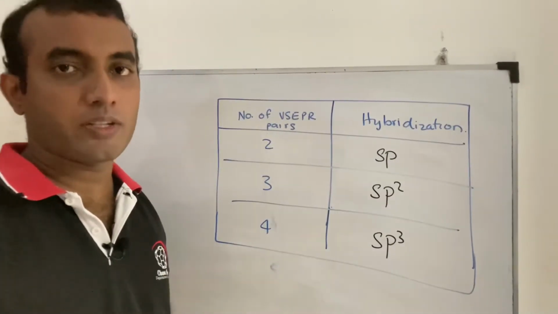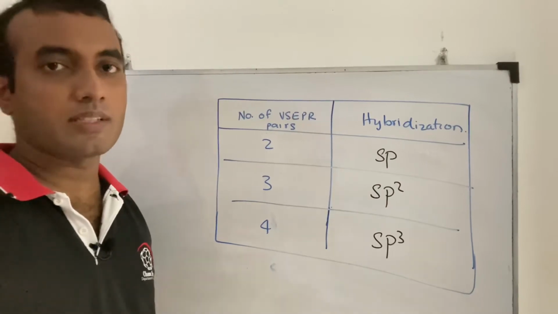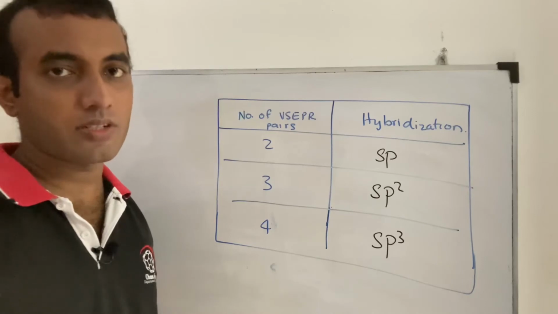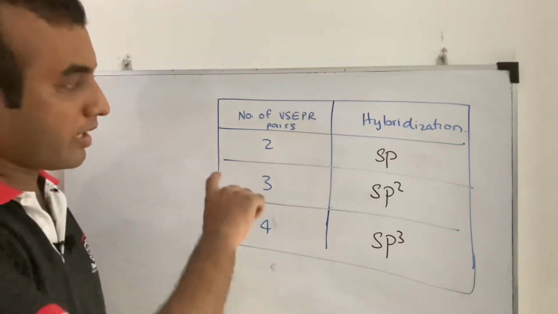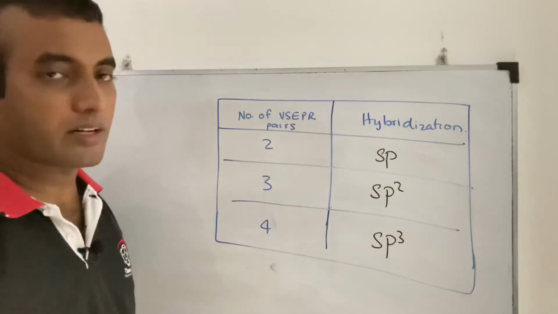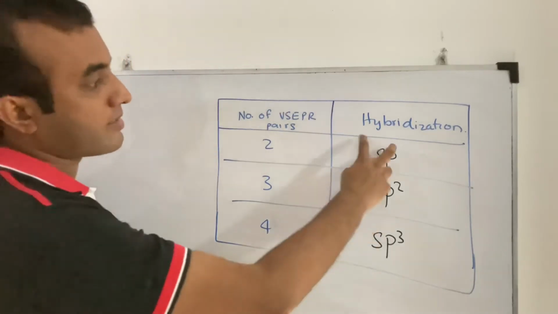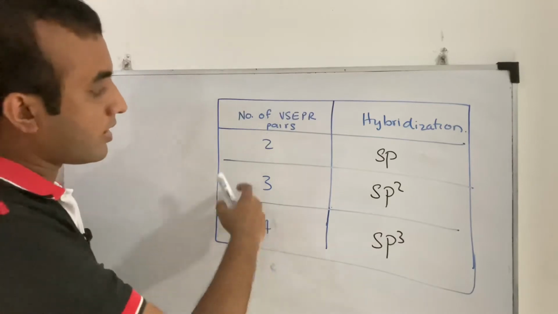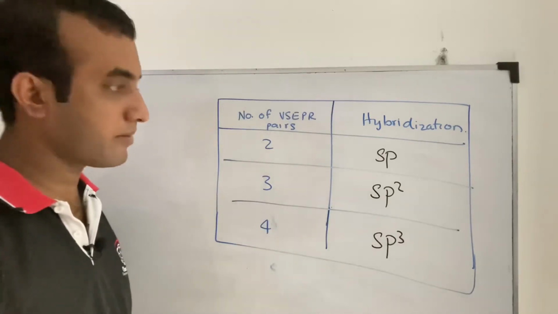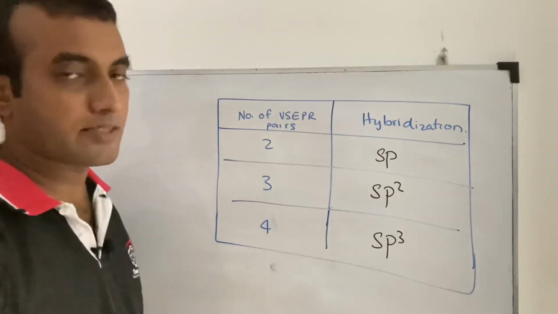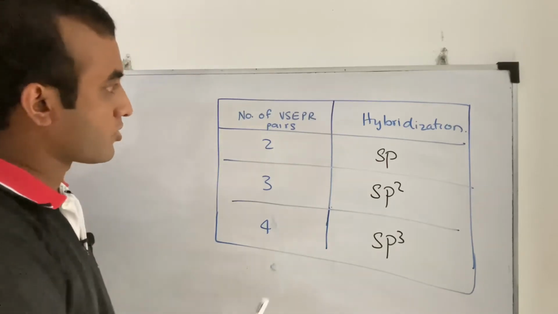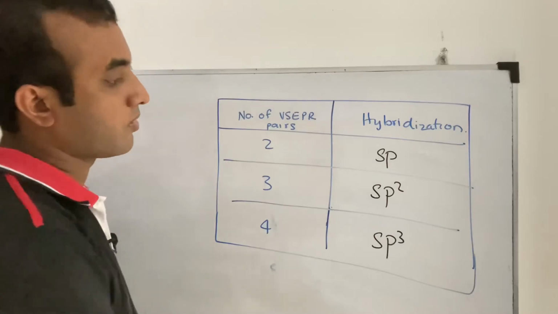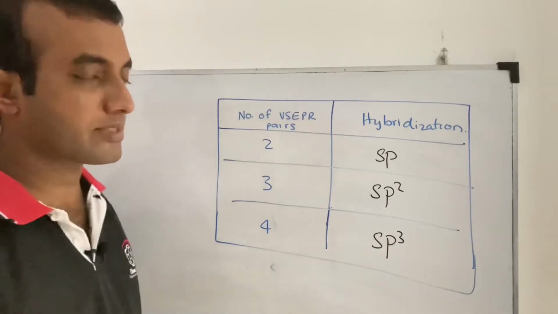So if there are two VSEPR pairs around that atom, it has sp hybridization. If there are three VSEPR pairs around an atom, it has sp2 hybridization. If it has four VSEPR pairs, the hybridization of the atom is sp3.